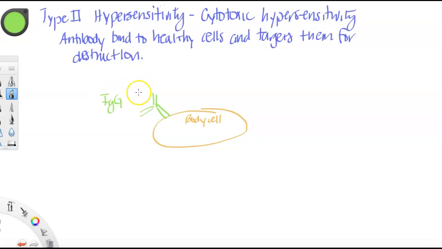Remember, antibodies don't kill cells. They get other things to do that. So this antibody, one thing it does is it will latch onto the body cell and then start the complement cascade.